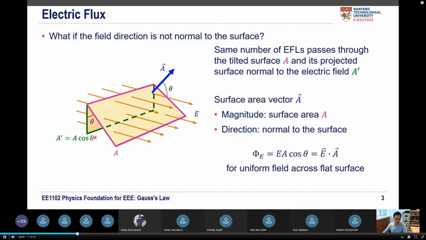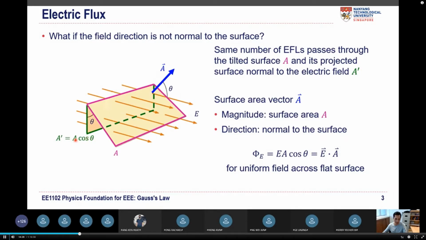So in order to calculate the flux, we have to calculate this projected area, which is highlighted in green, and that is calculated by taking A cosine theta, where theta is the angle between the normal surface vector and the direction of the electric field.